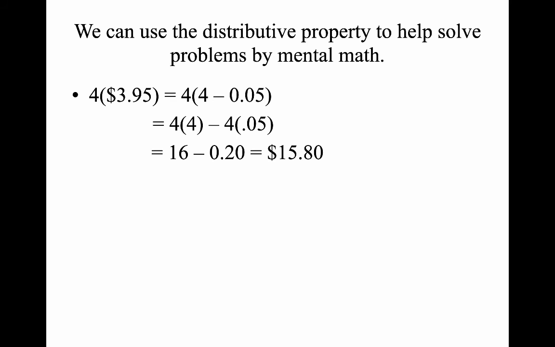Another thing we can do with distributive property is we can use this to solve problems by using mental math. And I actually use this quite a bit when I'm in a store. Multiplying 4 times $3.95 is not the easiest thing to do in your head. But we can rewrite $3.95 as a whole dollar amount minus some amount of pennies.